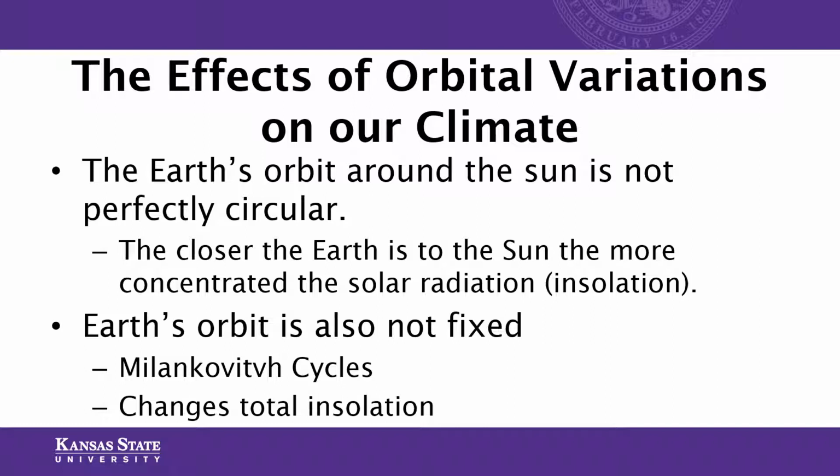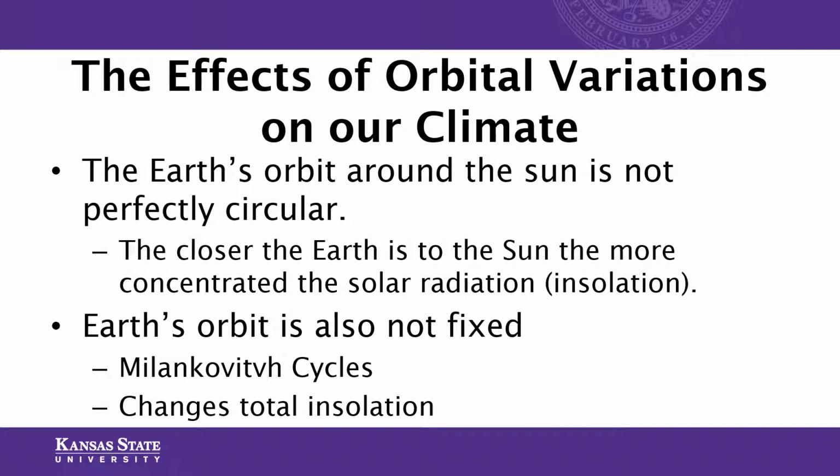So as the Earth is closer to the sun in the orbit, the more concentrated the solar radiation is and the higher the insolation. Earth's orbit also is not fixed. So the shape in which we are orbiting around the sun is an oval, but that oval changes shape over time. These changes also change, obviously, the total insolation and the timing of the insolation.